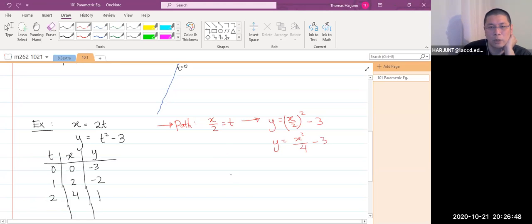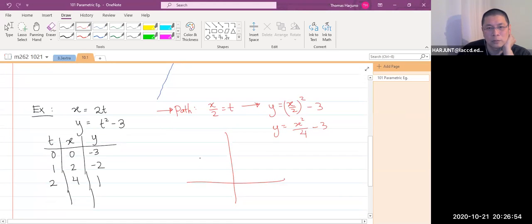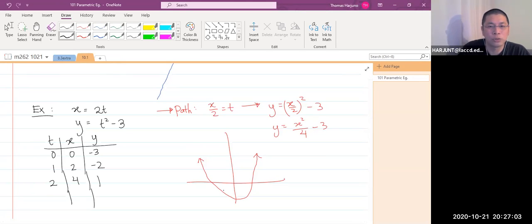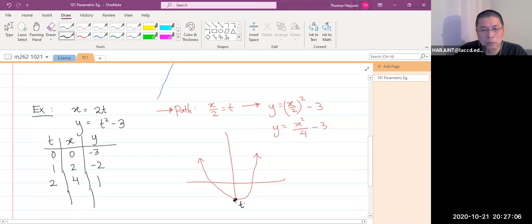So the path will look like this parabola, shifted down 3 units. When t equals 0, it's located here. When t equals 1, it's (2, negative 2). I'm sorry, this is t equals 0, this is t equals 1. When t equals 2, it's here.